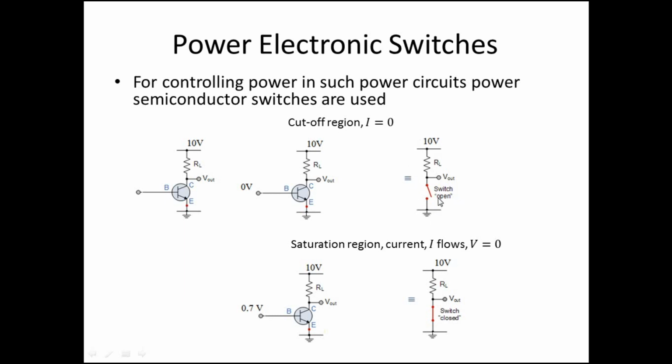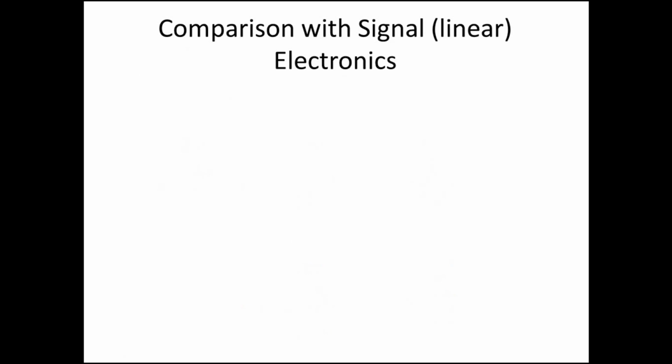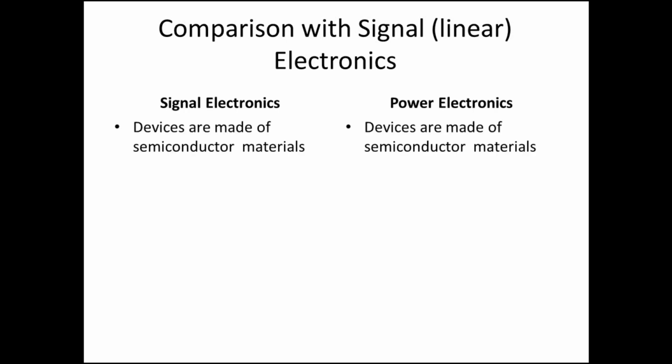So in power electronics we are discussing these types of devices and their applications. There are some similarities and differences between signal electronics and power electronics. Firstly, the similarity is that both are made of semiconductor materials.